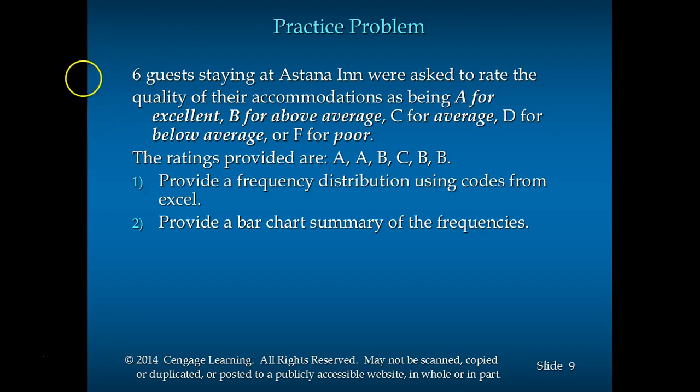In Astana, there were 6 guests, and the ratings are A, A, B, C, B, B. So everybody is either average, above average, or excellent. Nobody gave D or F. The first step is to provide a frequency distribution using codes from Excel, then provide a bar chart summary of the frequencies. So I'll tell you what.